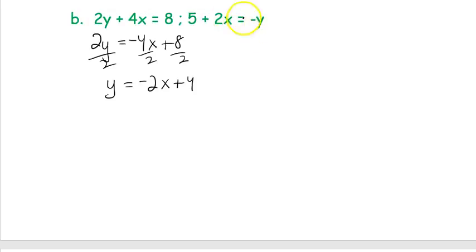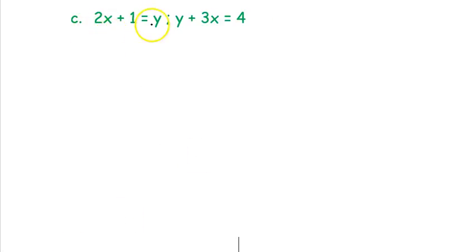Now this one over here, it's backwards, but all I need to do is divide by negative 1. So I'm going to write y, and then divide by negative 1. So I get negative 2x minus 5. And if you're unsure of what I just did, raise your hand. I'll help you out. In this case, the slope of this one's negative 2, and the slope of this one's negative 2. Since they're the same, these are parallel.